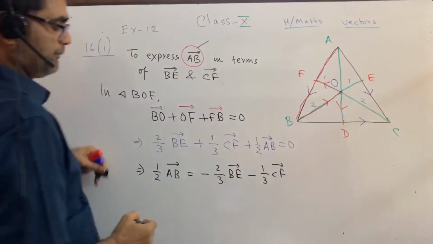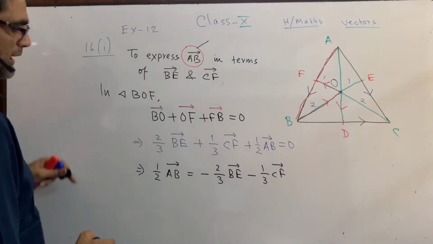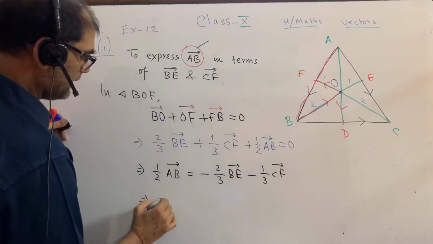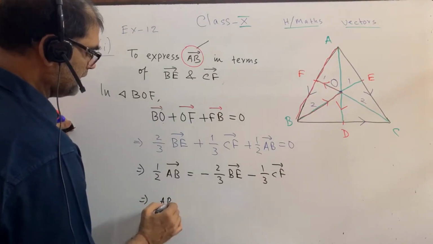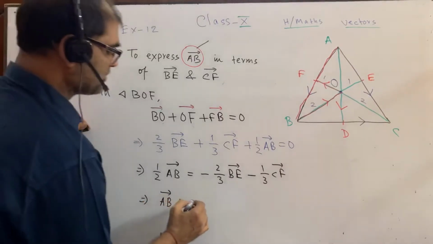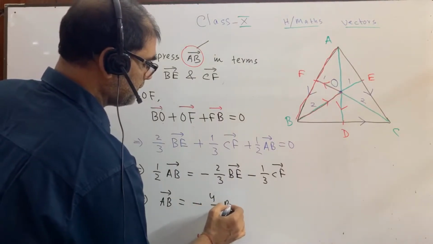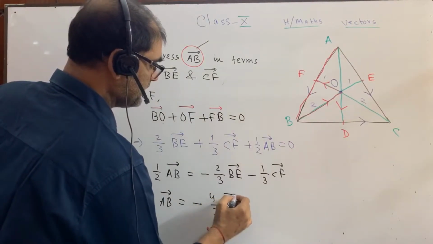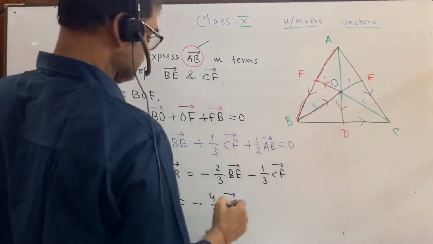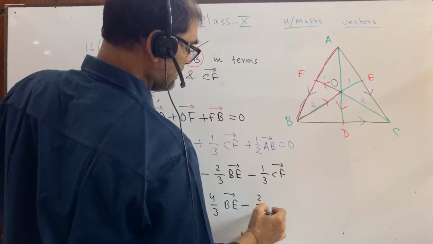You have got it. Okay, now you multiply both the sides by 2 and we will be left with AB is equal to minus 4 by 3 BE minus 2 by 3 CF.